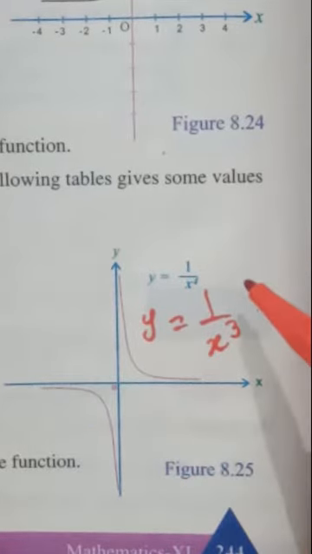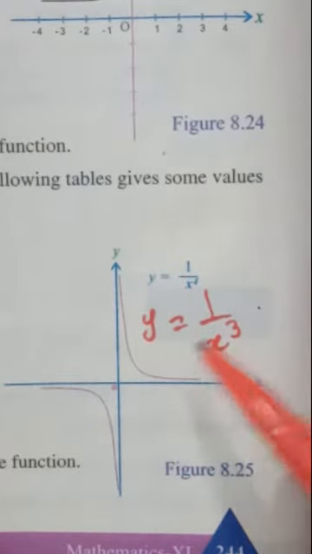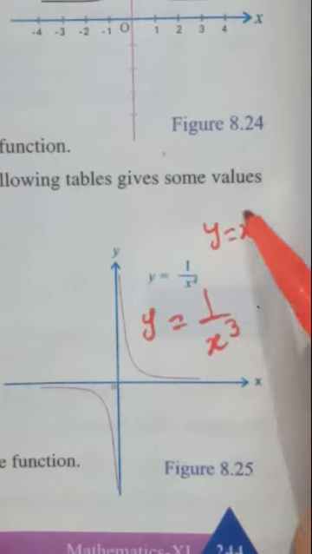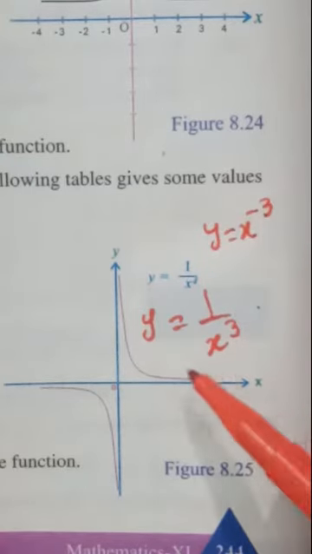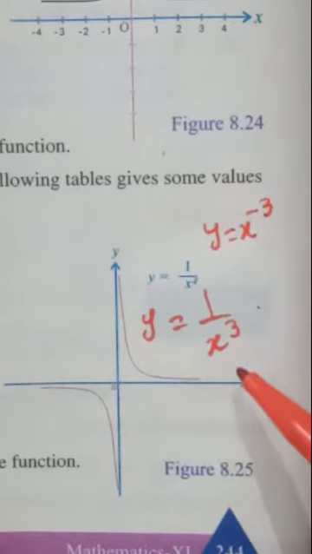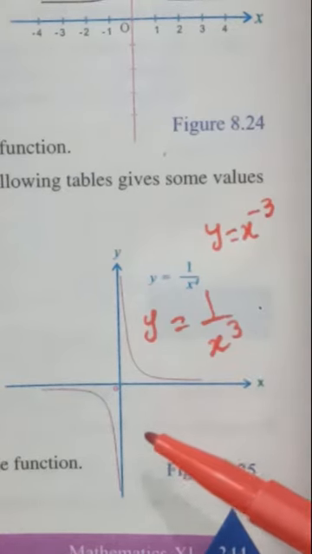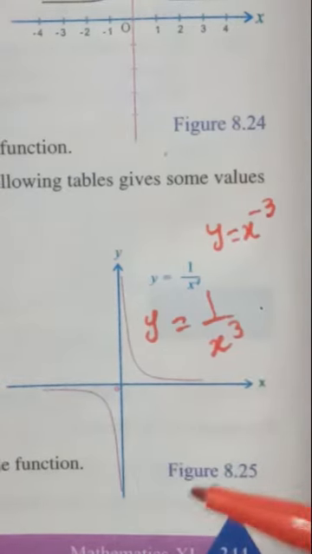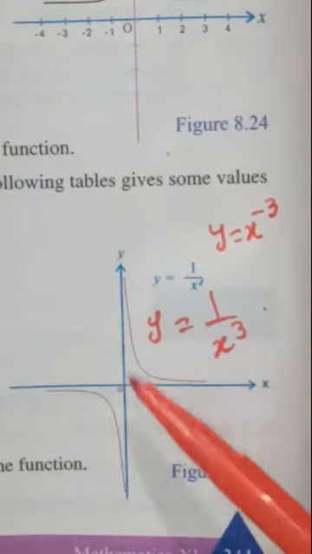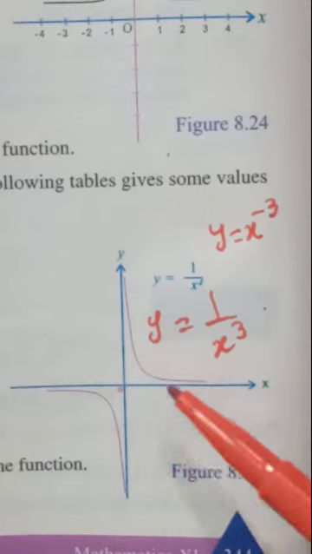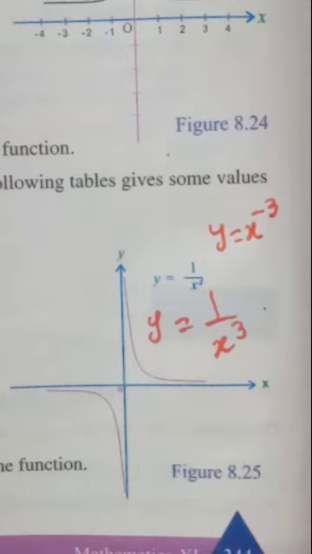But let's say n is equal to -3, so that becomes y is equal to x power -3, and when you take the reciprocal, that becomes y is equal to 1 divided by x cube. So you see that the graph of this must be in the same position as the graph of y is equal to 1 divided by x, but the branches are closer to the y-axis and x-axis as compared to the graph of y is equal to 1 divided by x.